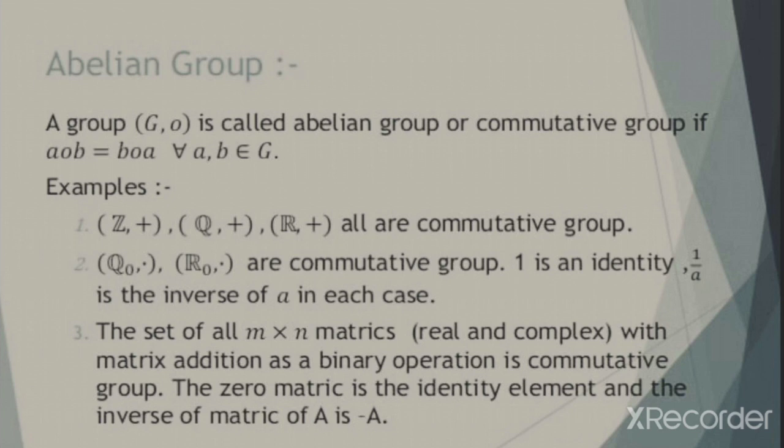The set of all m cross n matrices with matrix addition as a binary operation is a commutative group. The zero matrix is the identity element and the inverse of matrix A is minus A. For multiplication, 1 is the identity and 1 upon a is the inverse of a in each case. Q naught and R naught with multiplication are commutative groups.